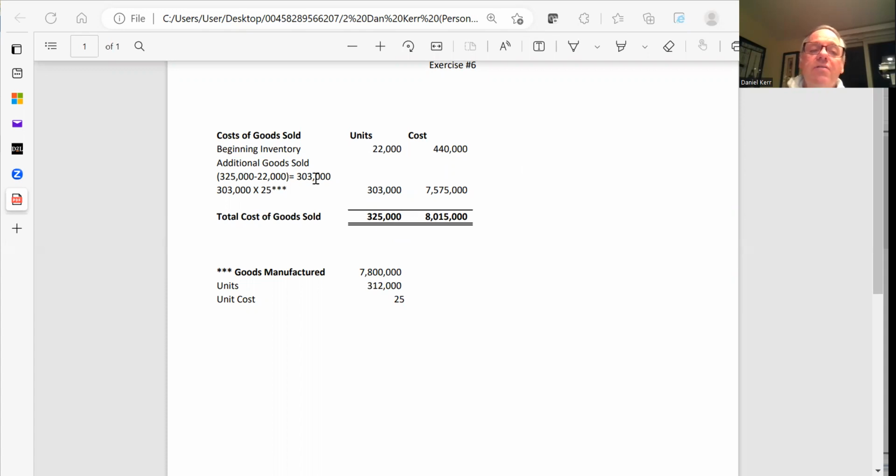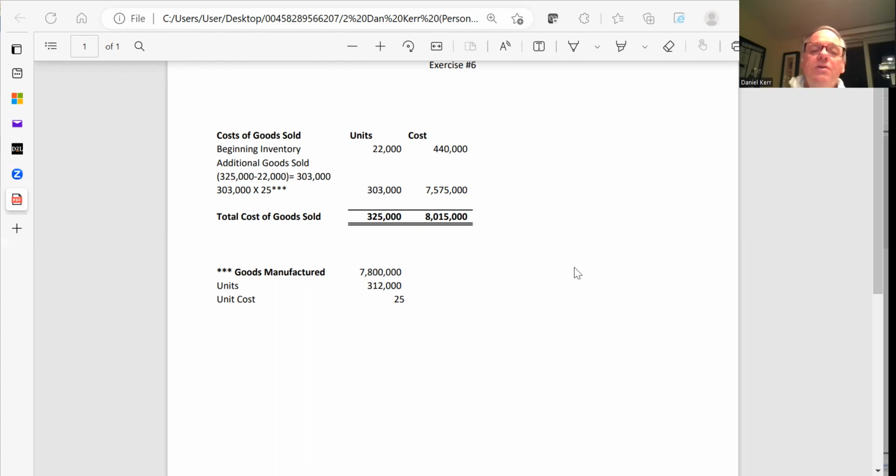So you take 303,000 multiplied by 25, and that gives you 7,575,000. Those were the cost of the goods sold from those made this period. The other 22,000 units came out of the beginning inventory.